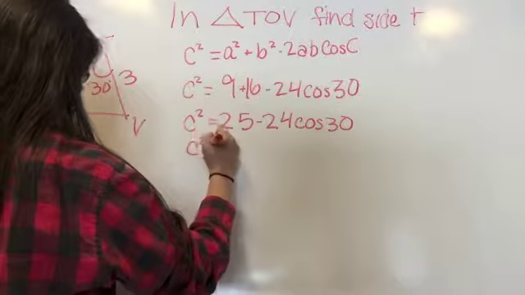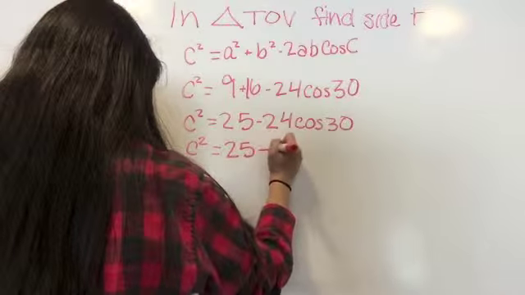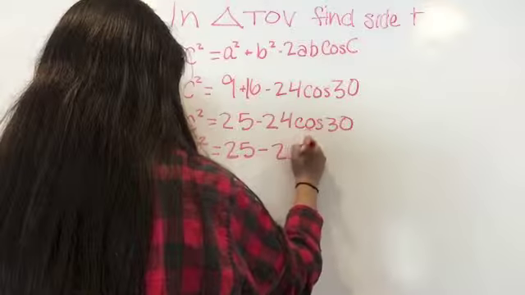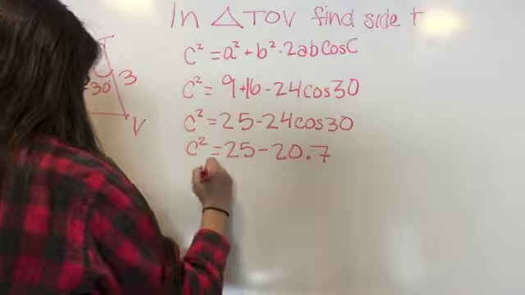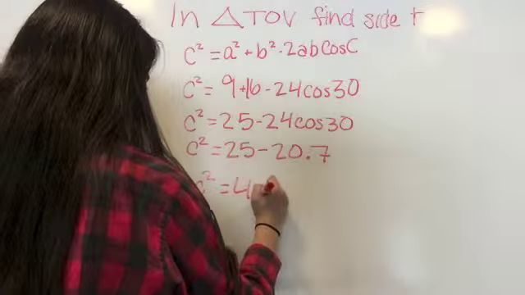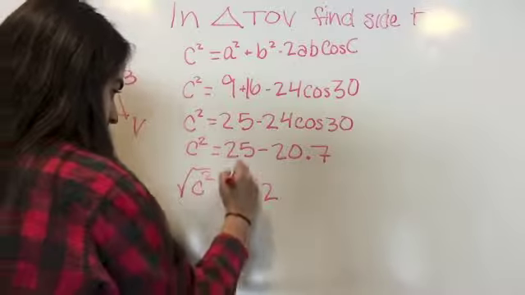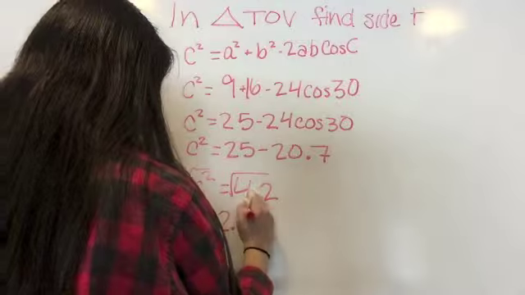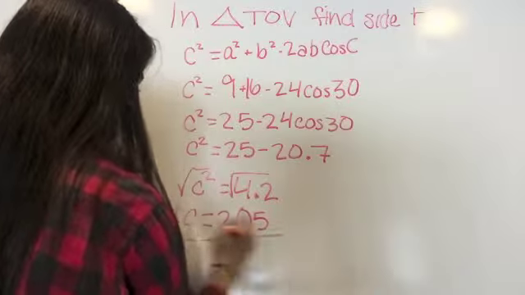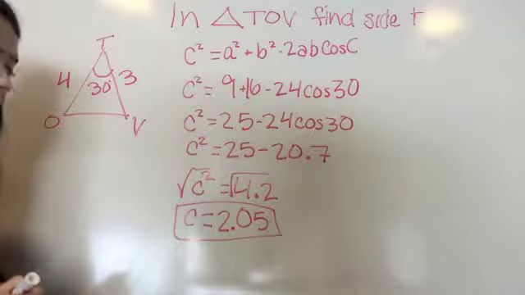Then c squared equals 25 minus 24 cos 30, as we add 9 and 16 together. C squared equals 25 minus 20.7 because cos of 30 times 24 is 20.7, and c squared equals 4.2. You must take the radical of 4.2 in order to isolate c, and you are left with c equals 2.05.